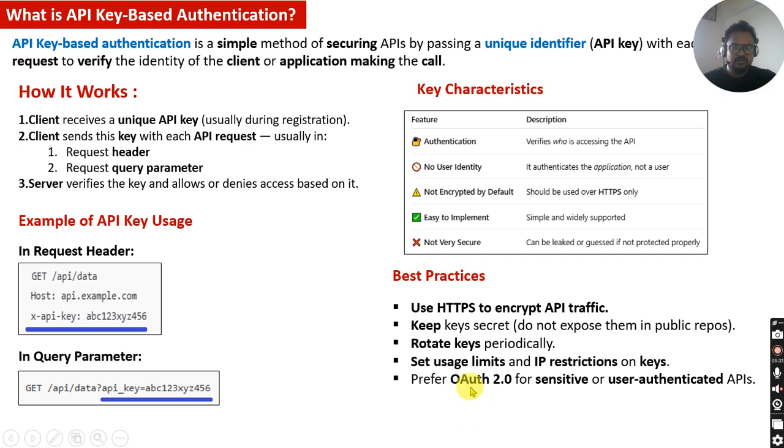Prefer OAuth 2.0, as we have covered in one of the earlier interview questions, when you are dealing with sensitive or user authentication APIs. These are a few best practices you can consider when working with API key based authentication in your API testing.